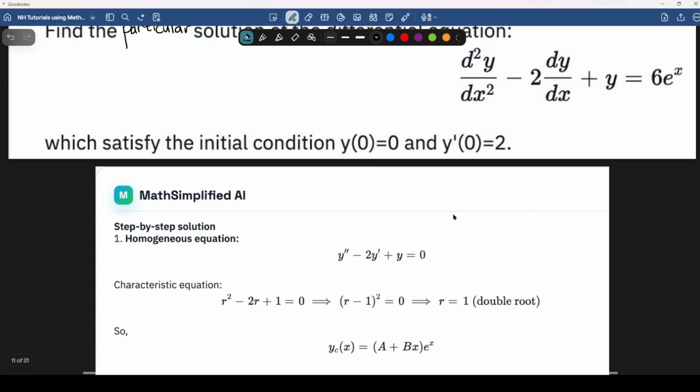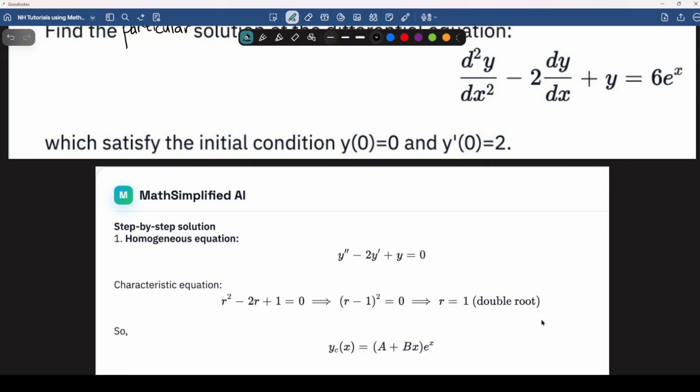From the characteristic equation, a quadratic equation, we get the roots. In this case the factor is (r minus 1) squared equals 0, which indicates that the root is equal to 1, which is a double root.